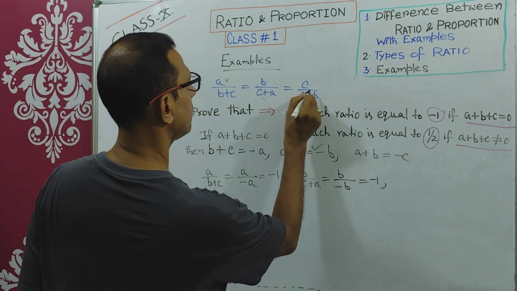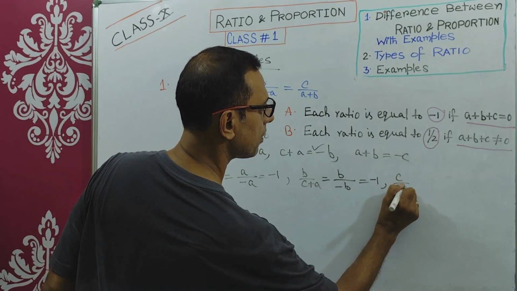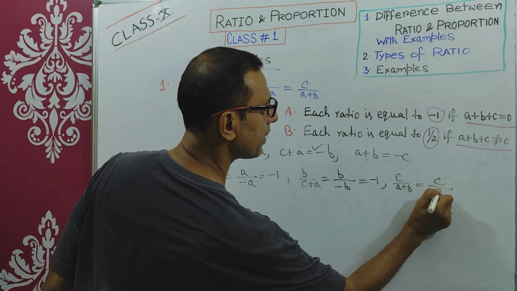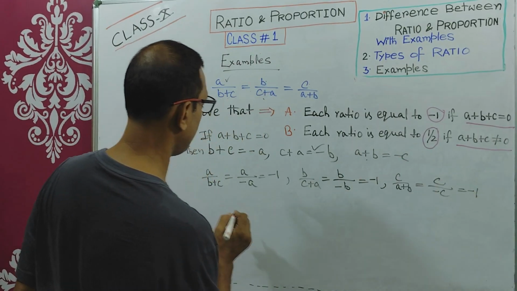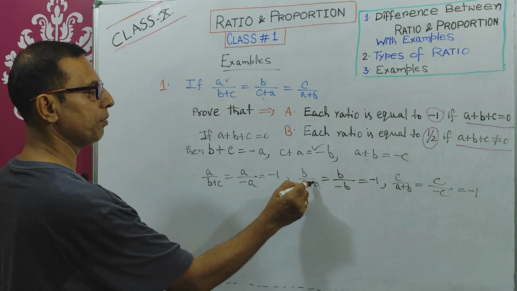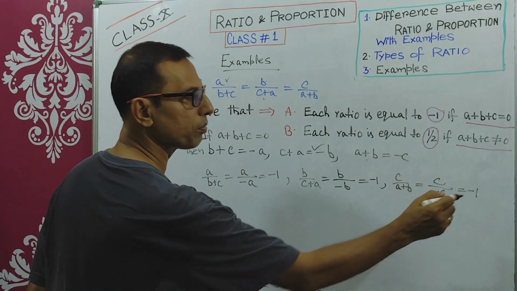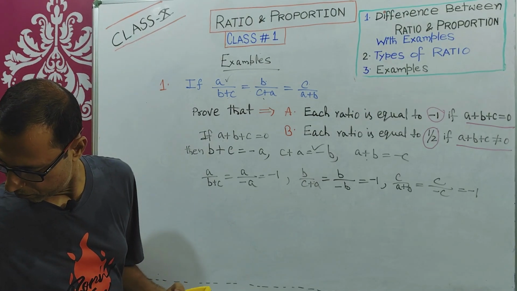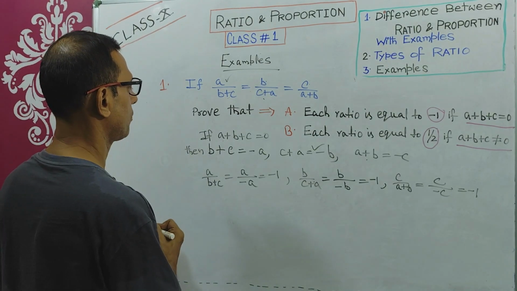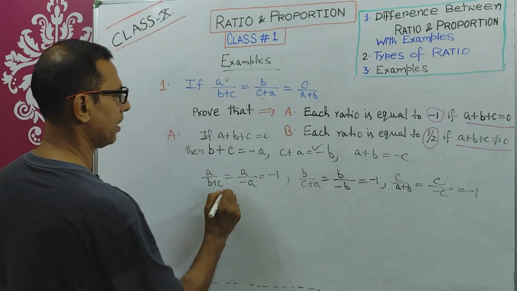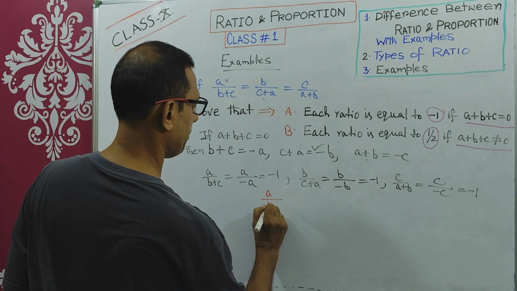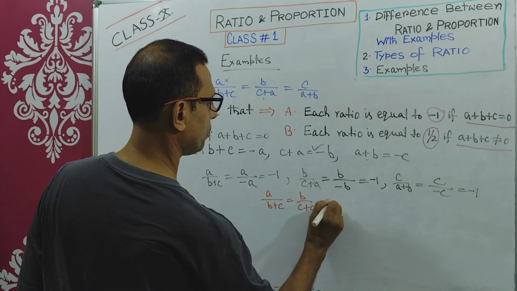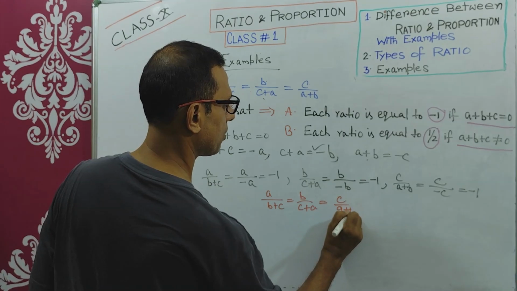And c by a plus b equals c by minus c, that is equal to minus 1. That means a by b plus c equals b by c plus a equals c by a plus b equals minus 1. Number a is solved. So this is number a.